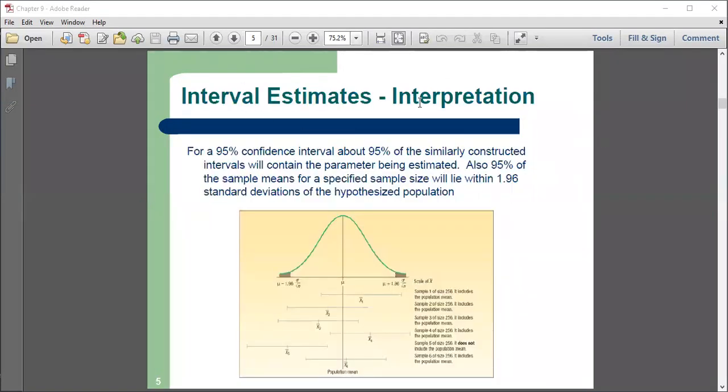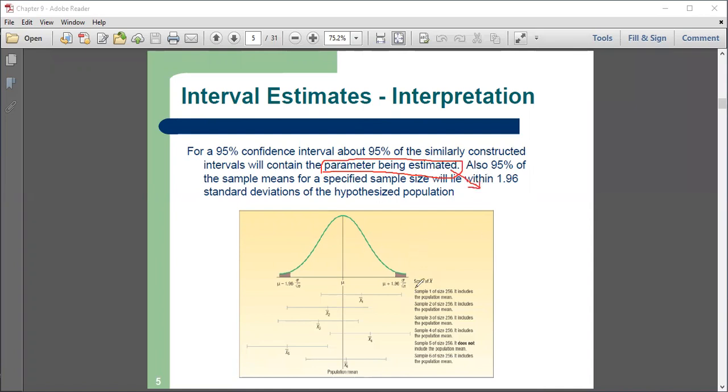So this is the interval estimate interpretation, how we can interpret the interval estimates. In this example, we have a 95% confidence interval, and similarly constructed intervals will contain the parameter being estimated. So we can say that the given sample is containing the population parameter.